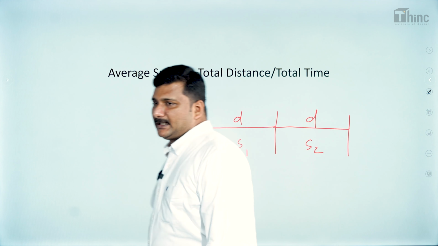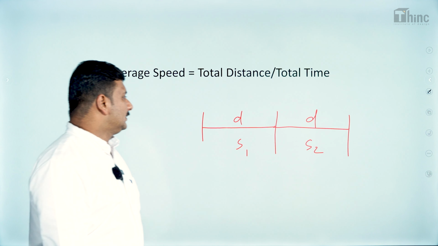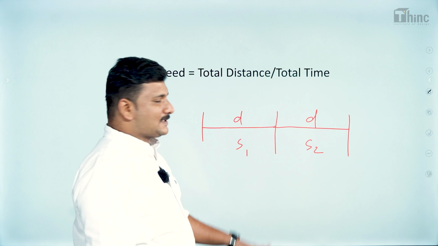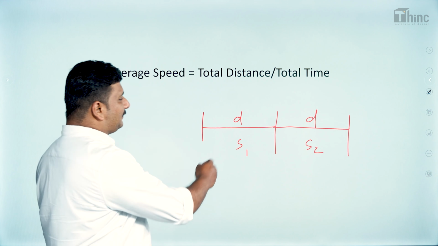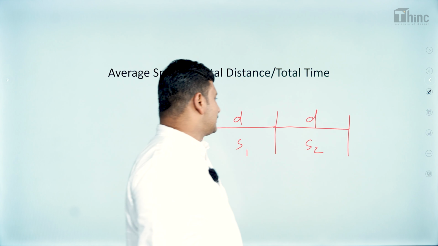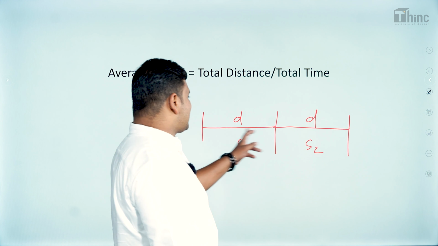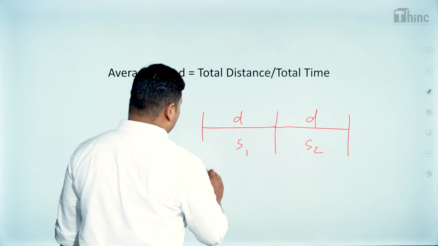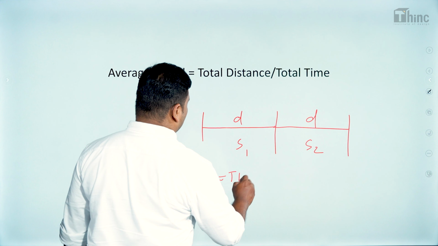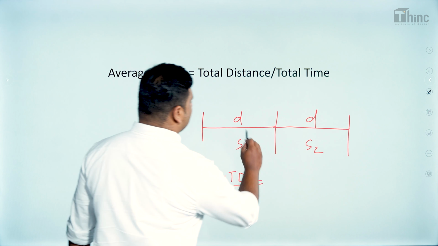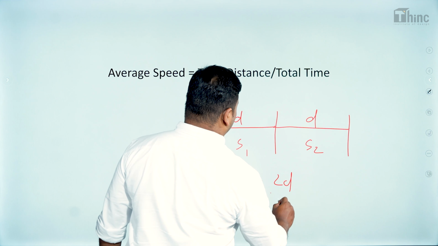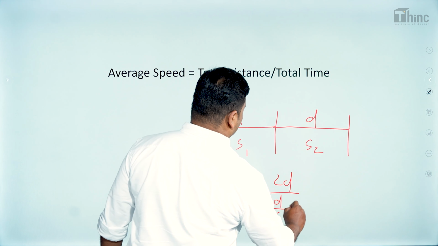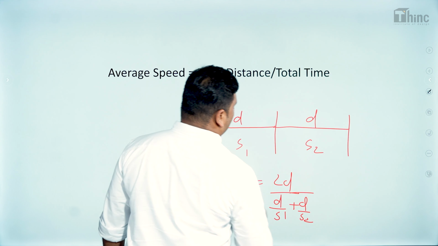We need to find the average speed. Average speed is total distance by total time, right? We have no clue what the time is, but we know that the distance is the same in each stretch. So distance is constant. Total distance is d plus d, that is 2d, and total time taken is d by s1 plus d by s2.